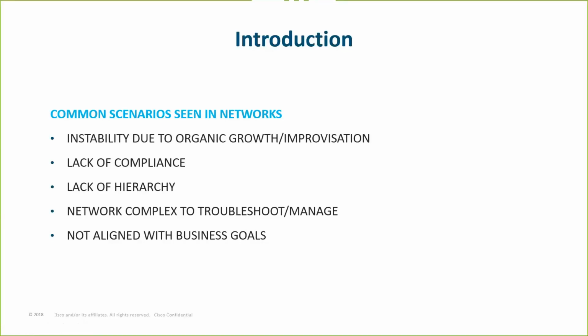So due to that, we have the lack of compliance and of hierarchy. The network just grows complex and grows without any kind of structure, right? We are just plugging things in to make other devices work, and well, everything is working, so we can just go home, and there's no real planning.